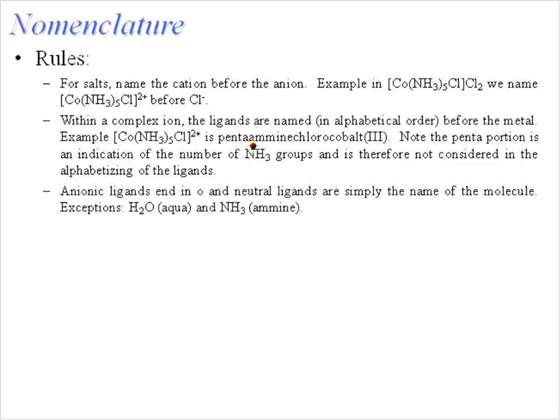So you can take X for cobalt, ammonia 0, Cl -1, and equate it to 2. So that thing is written here. This penta or whatever, that is not considered in alphabetization.